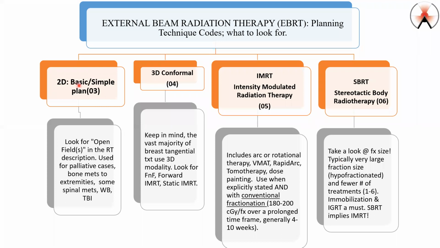2D planning technique is not used very often, okay? Especially if it's for curative intent. You're more likely to see 2D in palliative cases. If a patient has metastatic disease, let's say to the femur, we also have to consider the anatomy of the location where bone mets may occur.